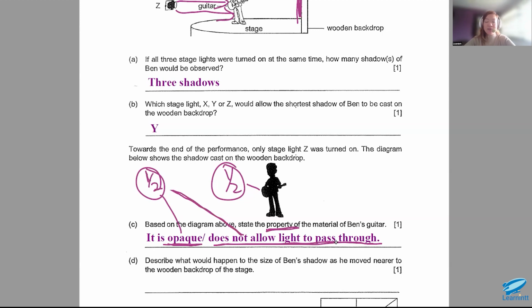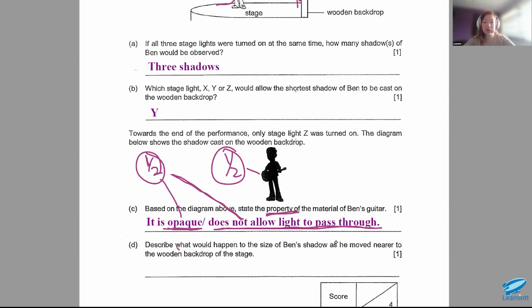Next one. Now, describe what would happen to the size of Ben's shadow as he moved nearer to the wooden backdrop of the stage. For this one, you don't really need to memorize that if the object moves closer to the light source, is the shadow bigger or smaller, lighter or darker? Now I'm going to teach you one trick. This is something I invented, from me, Teacher Mandy only.